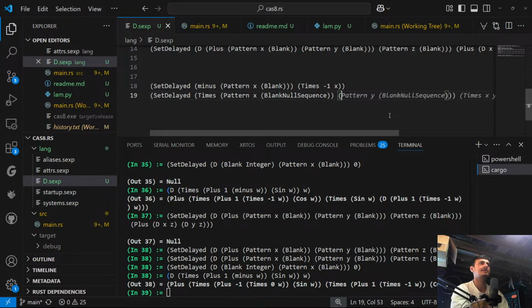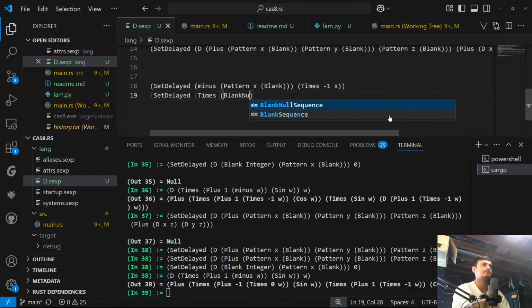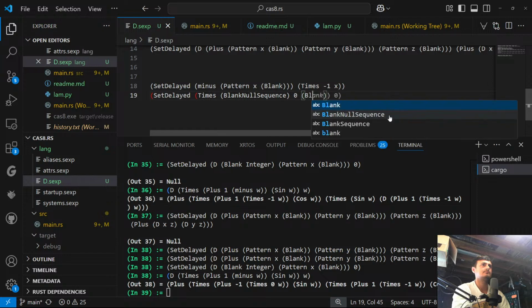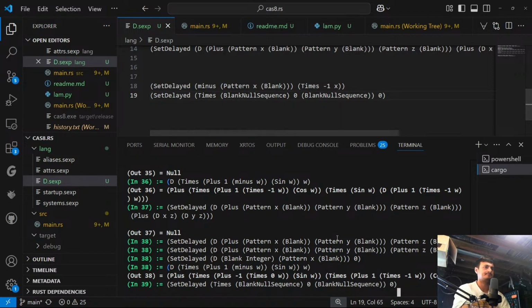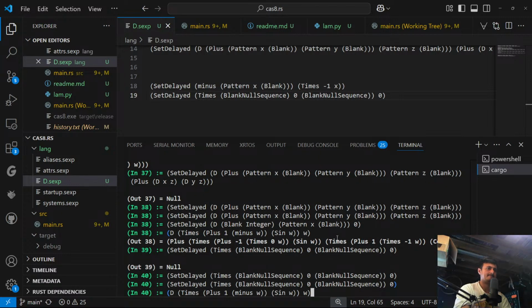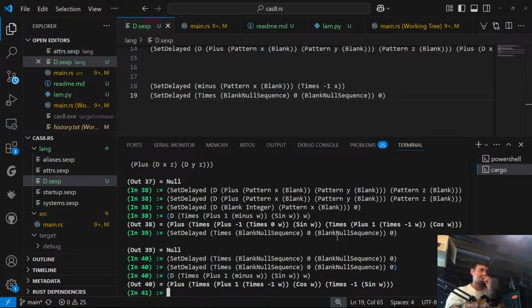Oh wait, I think we can do this. I think we can do this, right? Okay, so it was 1 minus w sine w. So let me manually compute that derivative.